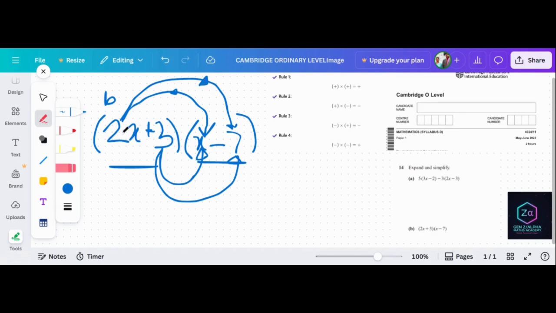So 2x should multiply with x. You can write 2x multiplied by x, right? First one. Then again 2x should multiply what number? Minus 7.